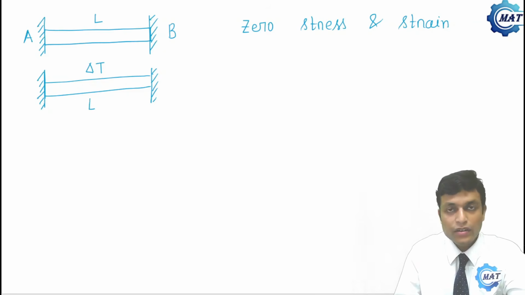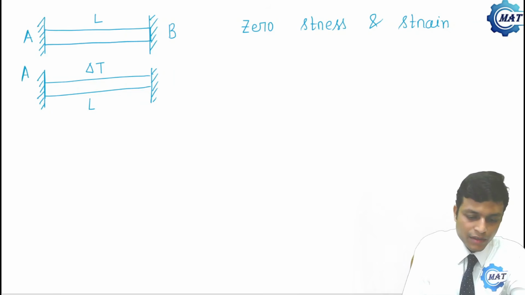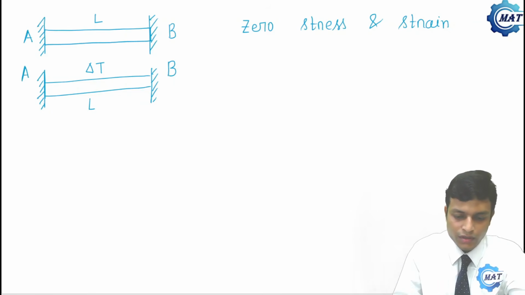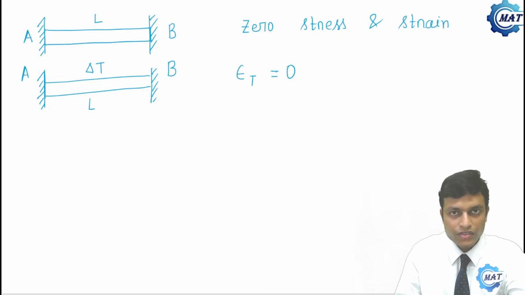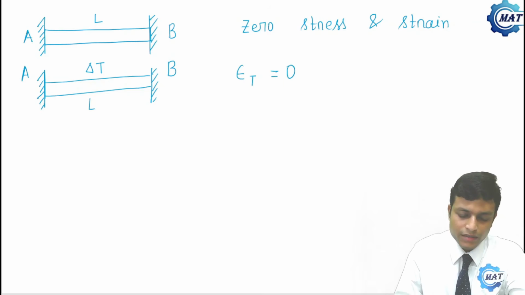Now, the bar cannot elongate as it is kept between two fixed supports. That is, as it cannot elongate, the thermal strain is 0. But when it cannot elongate, because of what?